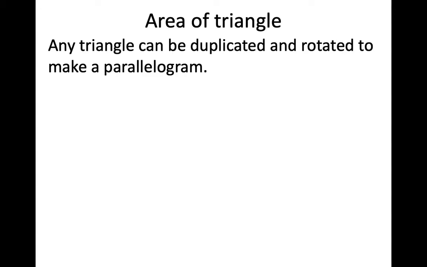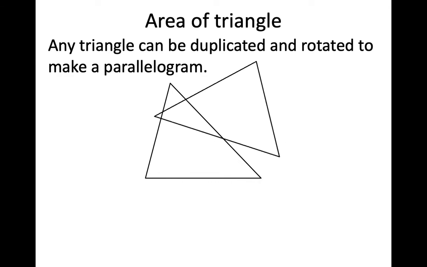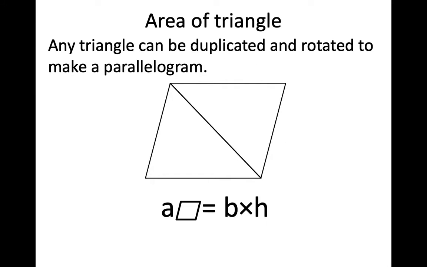Now let's talk about the area of a triangle. Any triangle can be duplicated and rotated to make a parallelogram. So here's a triangle. I can take that triangle, make a congruent triangle exactly the same shape and size, rotate that second triangle 180 degrees, and I make a parallelogram, which we just found out has an area of base times height.